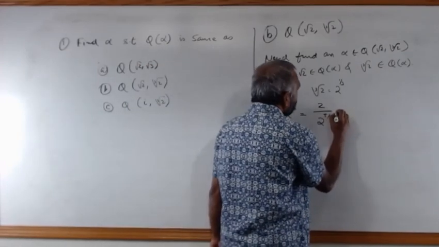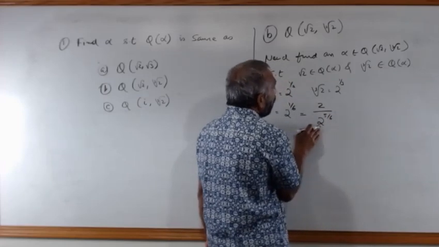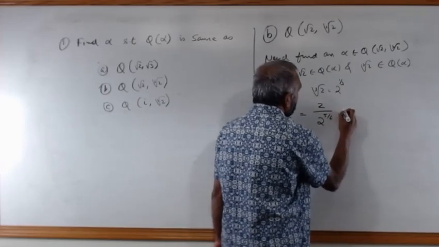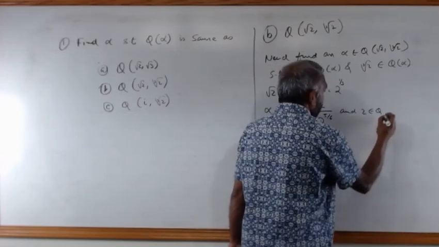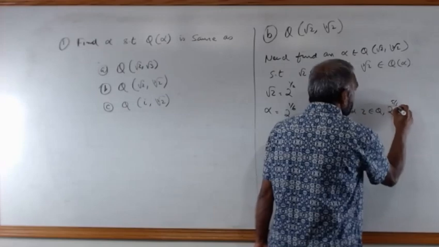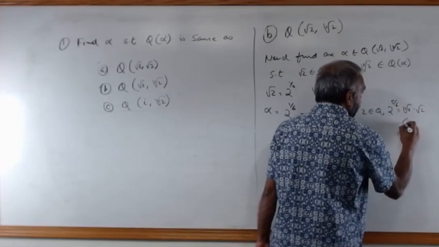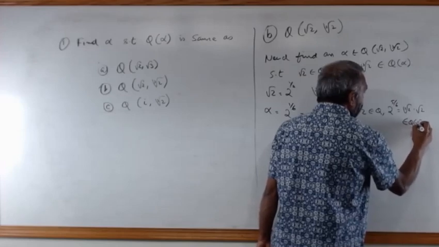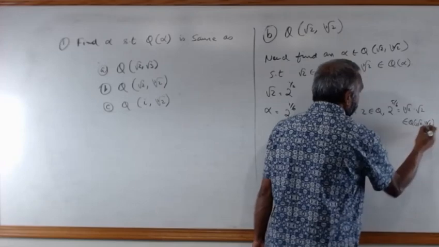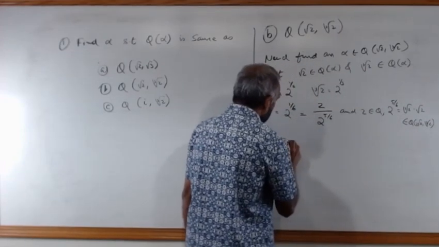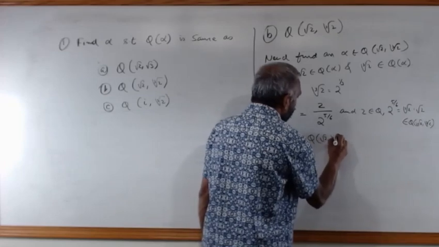And this belongs to Q, and 2 belongs to Q. 2 to the power of 5 by 6 is equal to cube root of 2 times cube root of 2, and definitely that belongs to Q of root 2 comma cube root of 2. So that implies alpha belongs to Q of root 2 comma cube root of 2.